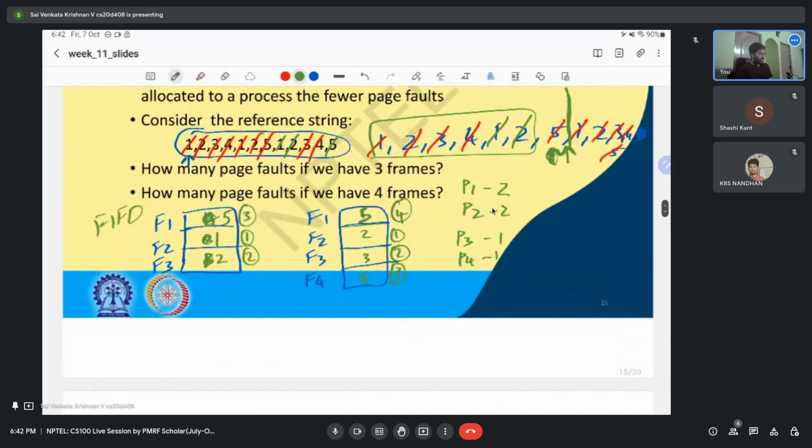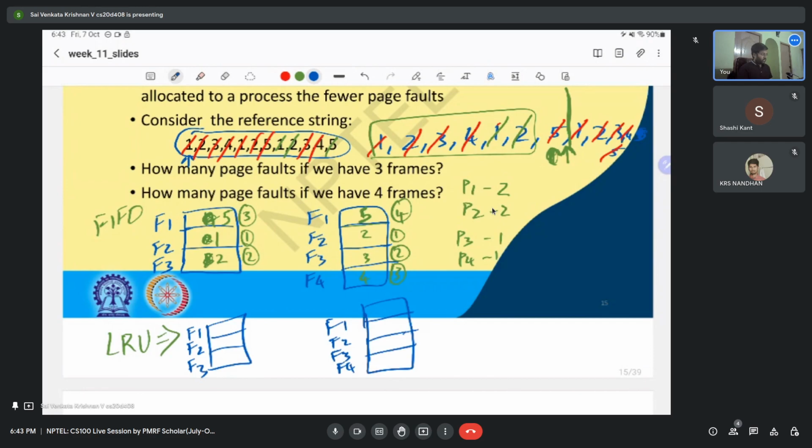We saw FIFO; if we look at an LRU algorithm, the same way, take 3 frames and 4 frames, F1, F2, F3, and F4. Now it is say 1, 2, 3, 4, 1, 2.